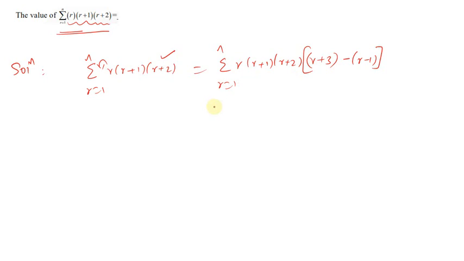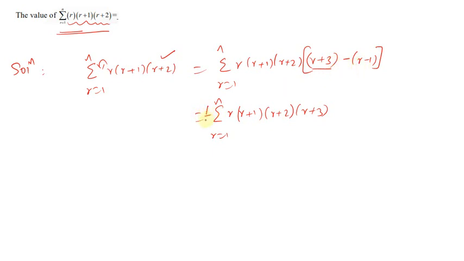So what will be the benefit of this? Now look at this. Sigma r equals 1 to n, if I open this bracket, r into (r plus 1) into (r plus 2) into (r plus 3). When you multiply by r plus 3 minus (r minus 1), since you introduced this term, what you are getting is 4.